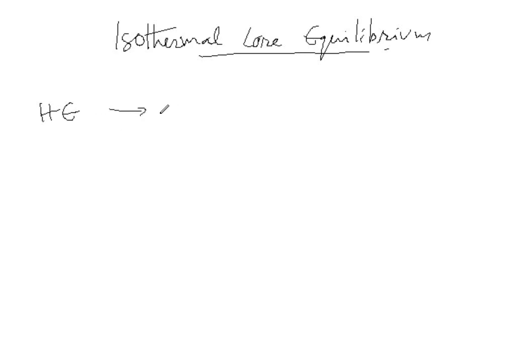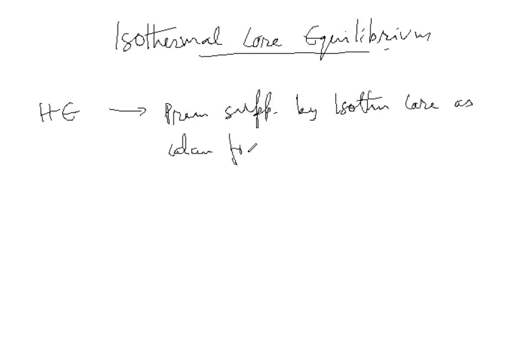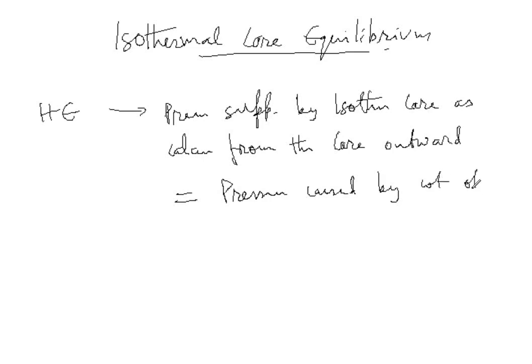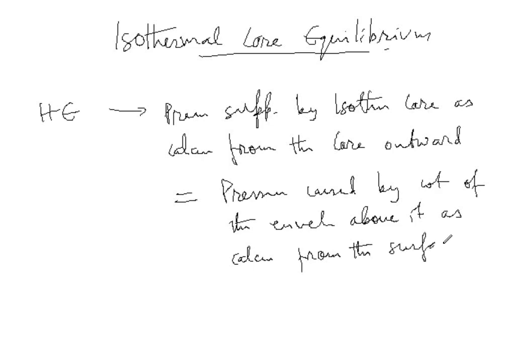So in hydrostatic equilibrium, pressure supplied by isothermal core as calculated from the core outward, it should match basically the pressure caused by weight of the envelope above it as calculated from the surface inward.